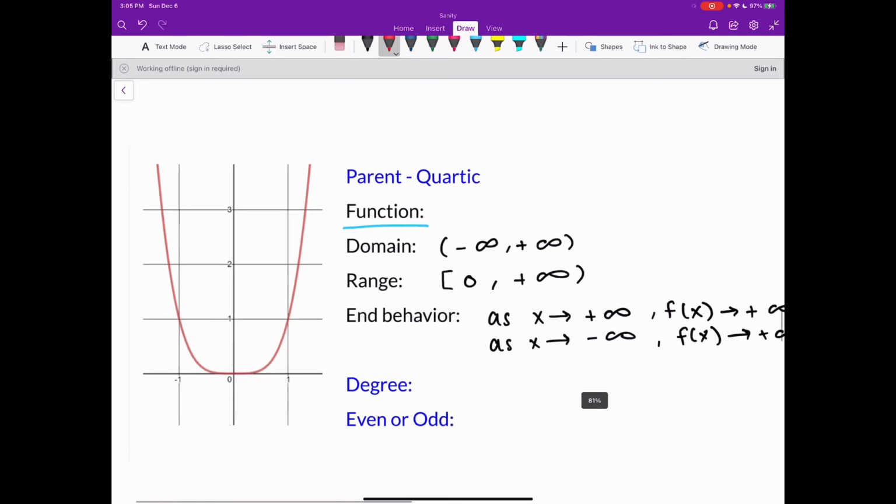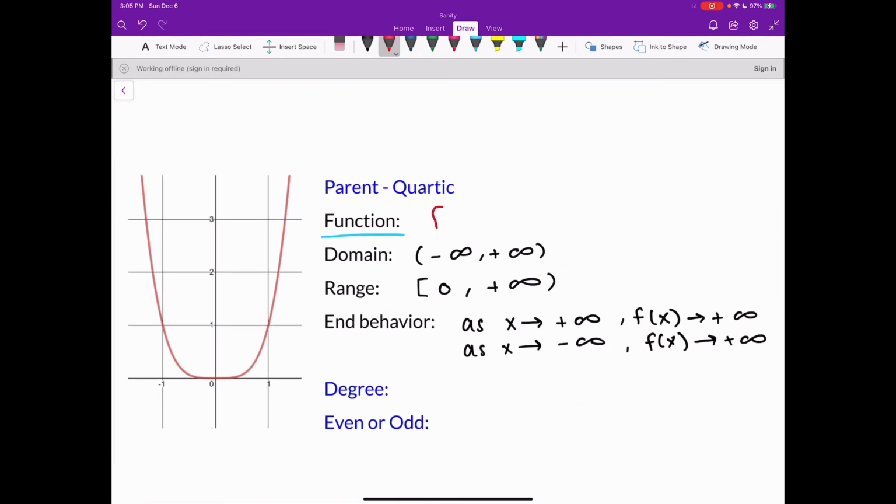Next one here, we'll kick it up another degree. So let's talk about f of x equals x to the fourth power. This is a quartic function. Quartic function, that name is right there. Domain is all real numbers. Range, again, we see is limited to only positive numbers, similar to our quadratic function.